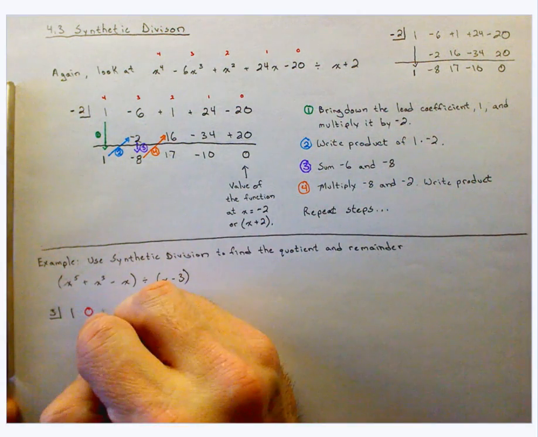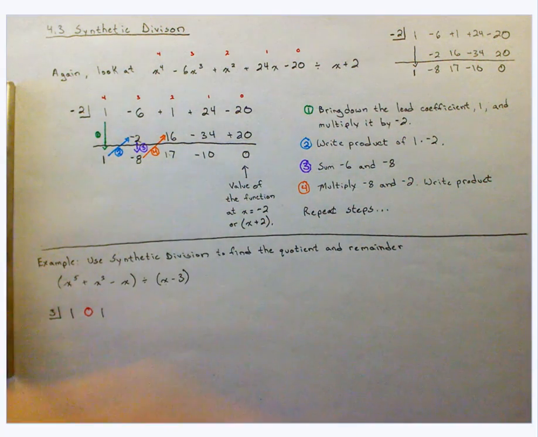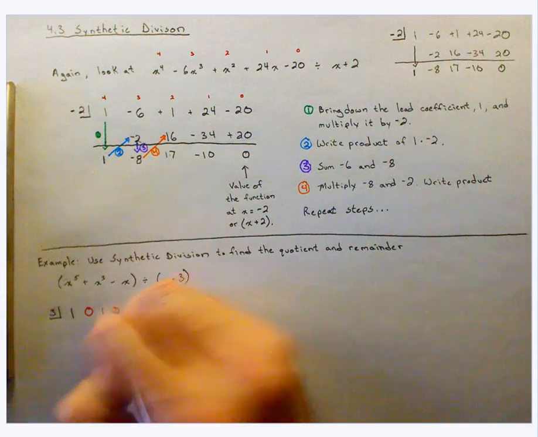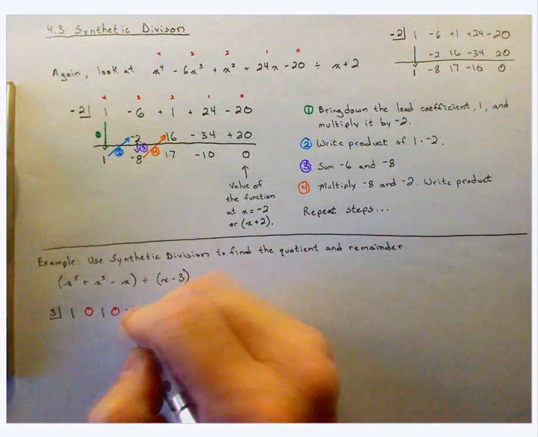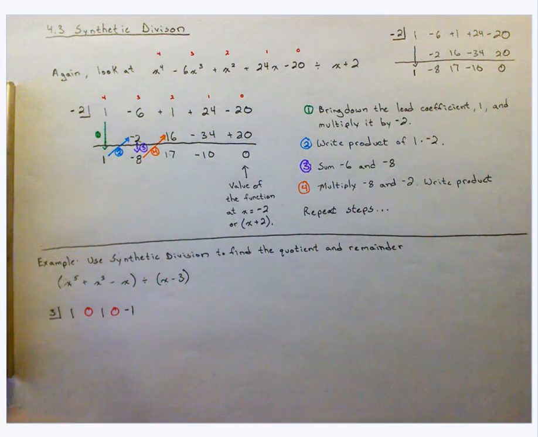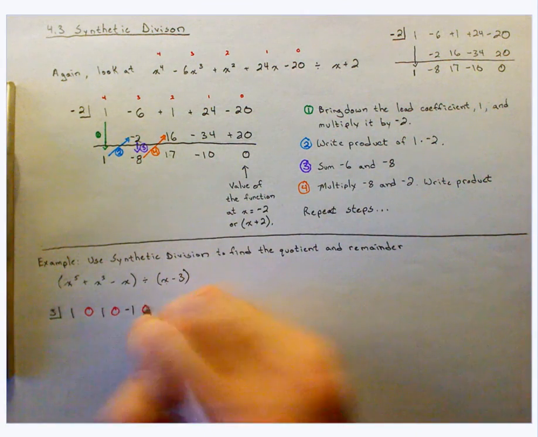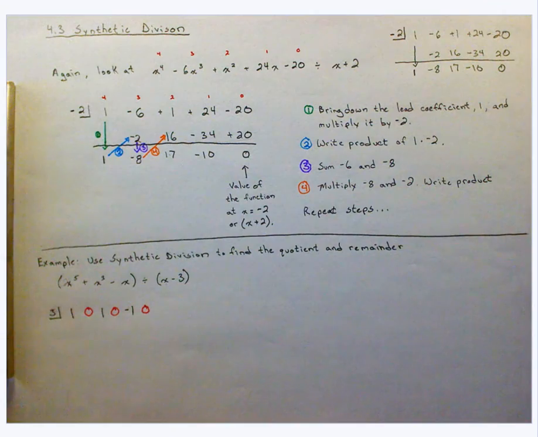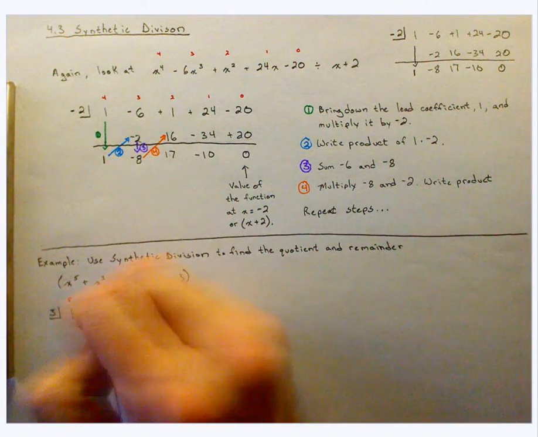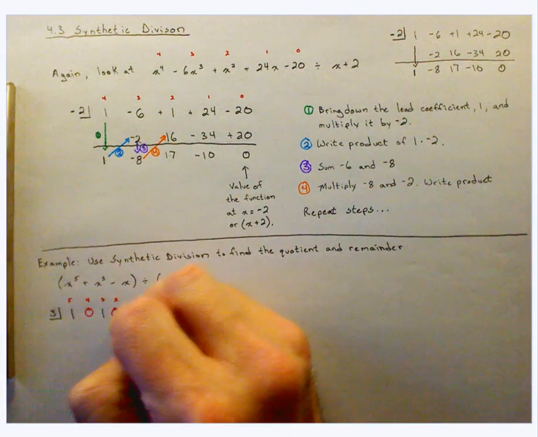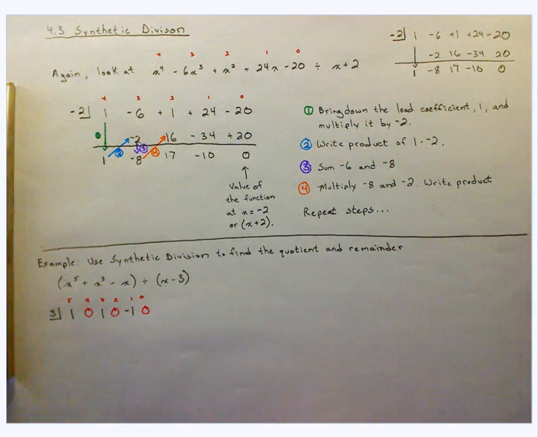Now I'm at x to the 3rd, 1. And now I'm at x squared, so 0. And a negative 1, I'm at the 1st. And now I'm at the constant, or x to the 0, I'm at 0. And to illustrate, 5, 4, these are the powers, 3, 2, 1, 0. I now have everything set up.